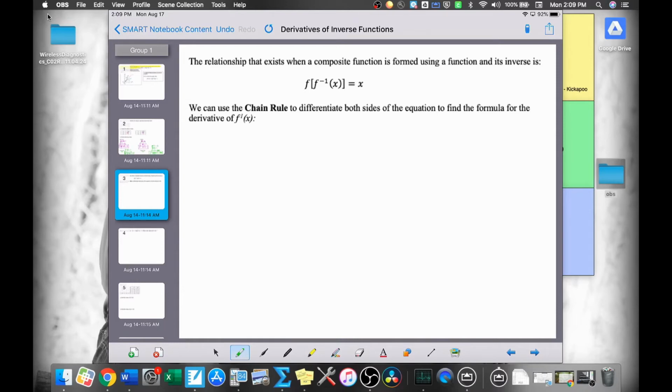So my first step is just going to be d dx. That just means the derivative with respect to x of f of f inverse of x is equal to the derivative with respect to x of x.